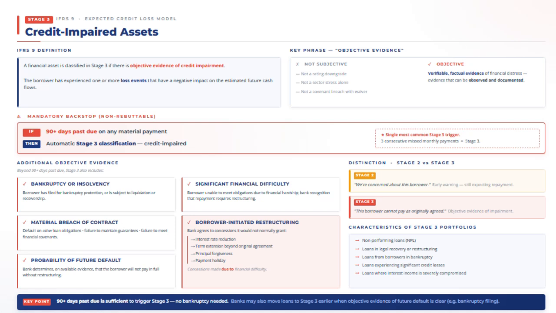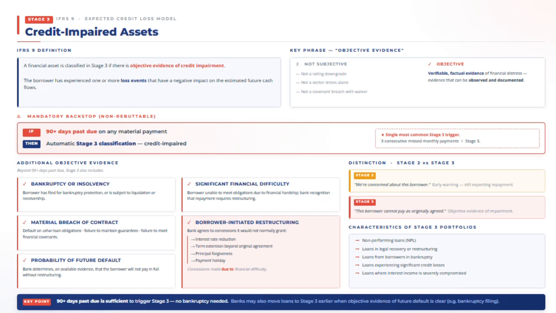Additional objective evidence triggers can be bankruptcy or insolvency, material breach of contract, significant financial difficulty, probability of future default, and borrower-initiated restructuring. So basically, the 90-day backstop is sufficient alone to trigger stage 3. And no bankruptcy is required here. No restructuring is needed. Just 90 days past due and you are automatically impaired.